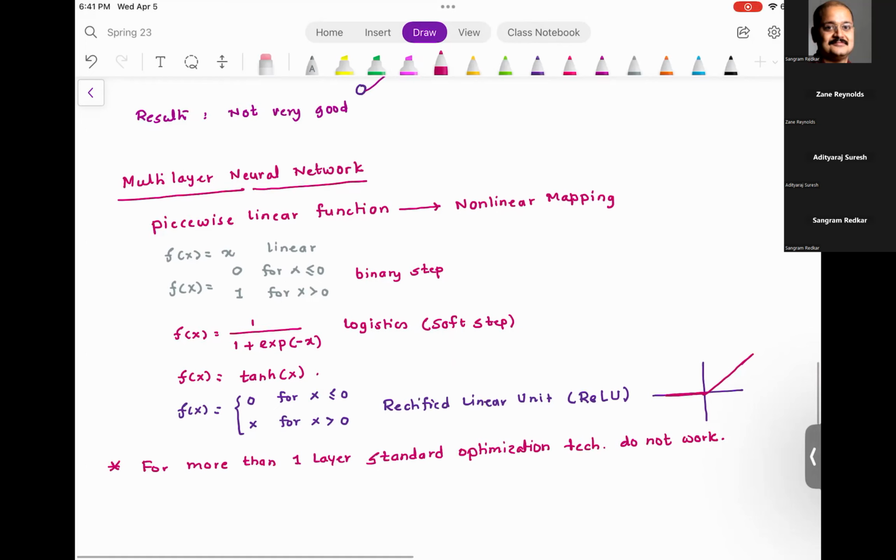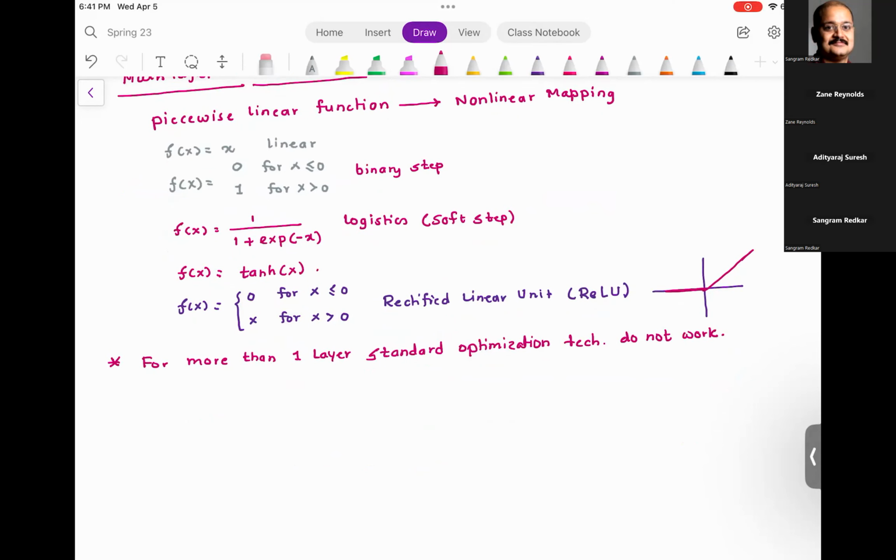So for more than one layer, standard activation techniques do not work. What we need to do is essentially we are trying to optimize a higher dimensional space, because the space to be optimized is higher dimension.